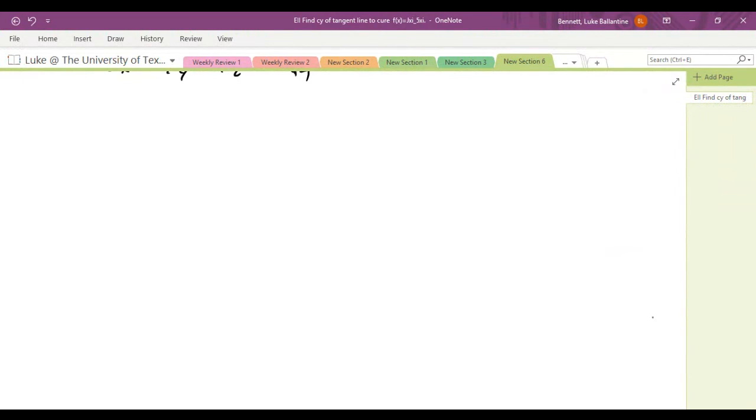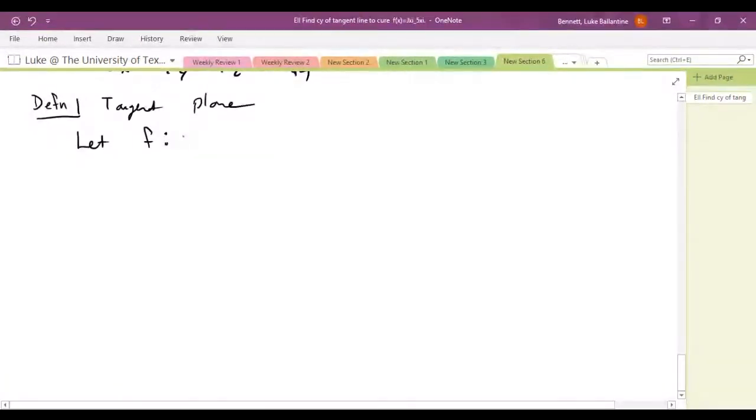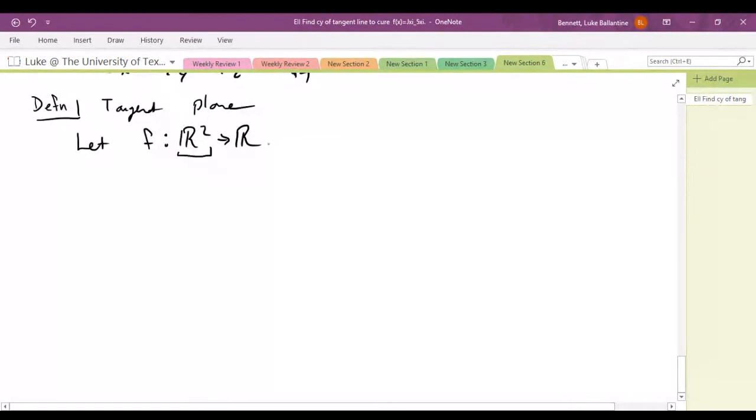To motivate this discussion of differentiability, let me define a tangent plane more rigorously. So, tangent plane. Let f map R2 to R. Remember, this just means two-dimensional input, one-dimensional output.